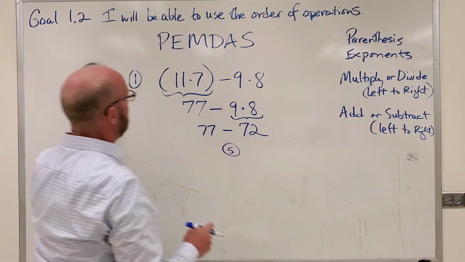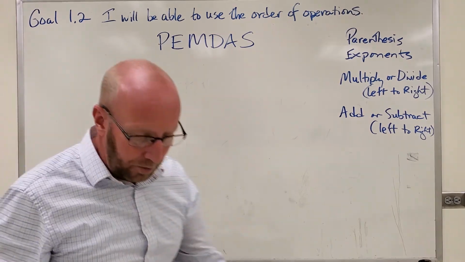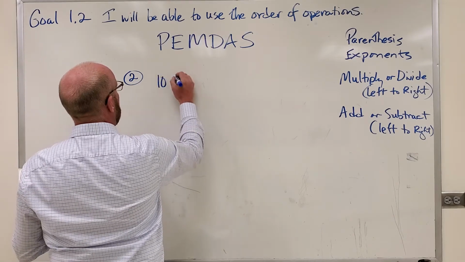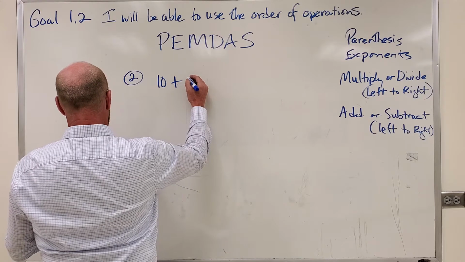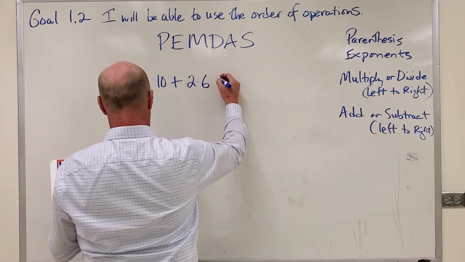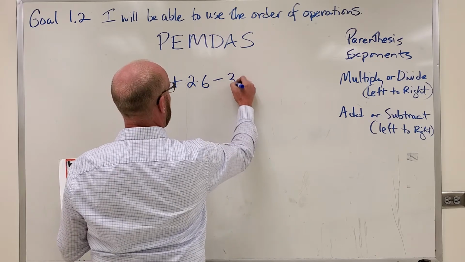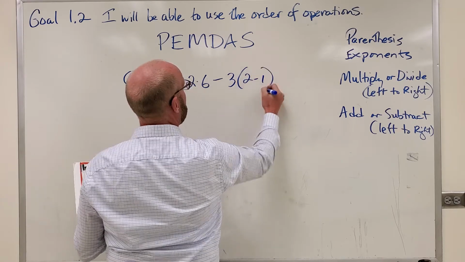Let's try another one. Example 2: 10 plus 2 times 6 minus 3 times, in parentheses, 2 minus 1.